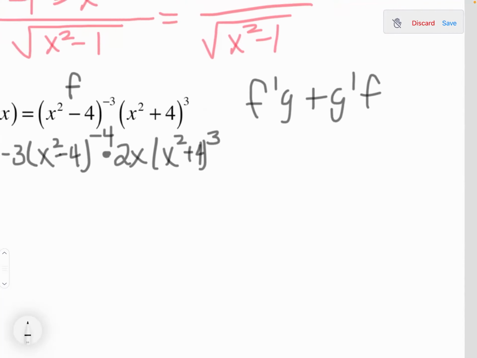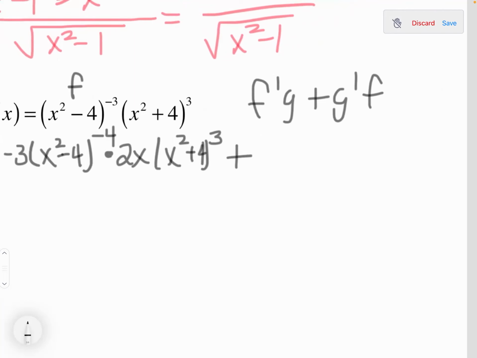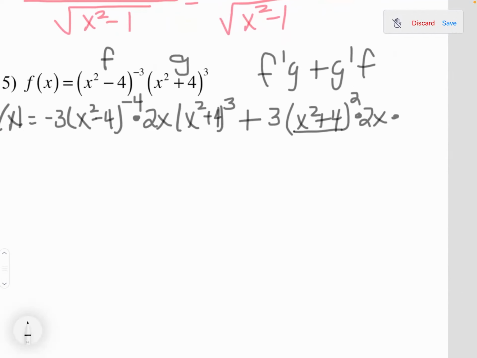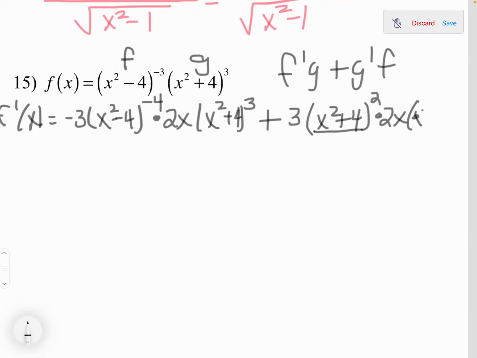We're not changing that. Plus, now we're going to take the derivative of g, which is going to be chain rule again: 3 times x squared plus 4 raised to the second power times the derivative of the inside, x squared plus 4, which is 2x. But then we also have to multiply that by f, which is x squared minus 4 raised to the negative third power.